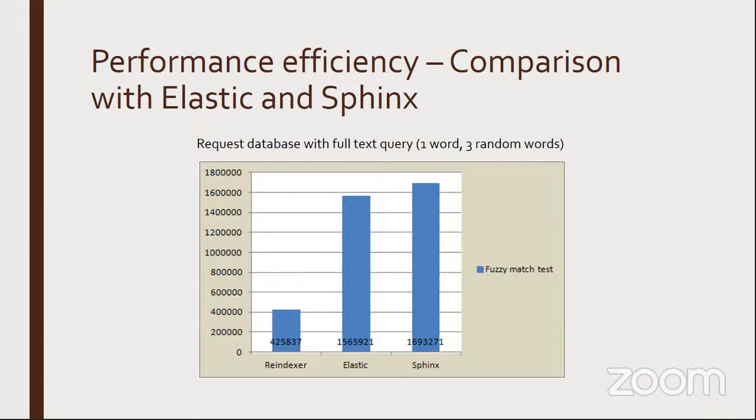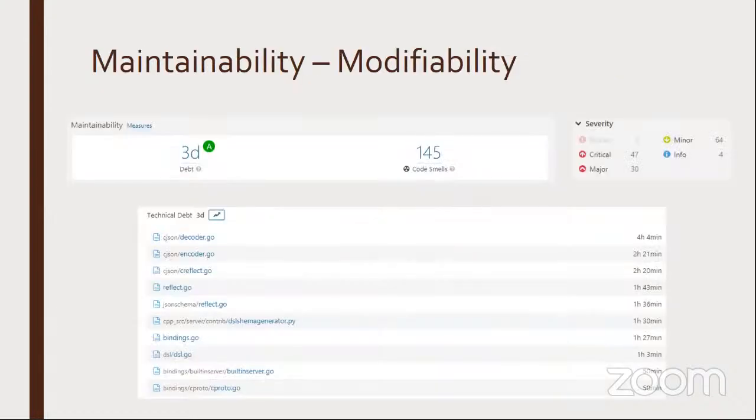Next slide, please. Okay, I will proceed with maintainability and modifiability as sub-characteristics. We made a statistical analysis and found about 3 days of technical debt and 135 issues with maintainability. As you can see, there are 47 critical issues, mainly about cyclomatic complexity and cognitive complexity.